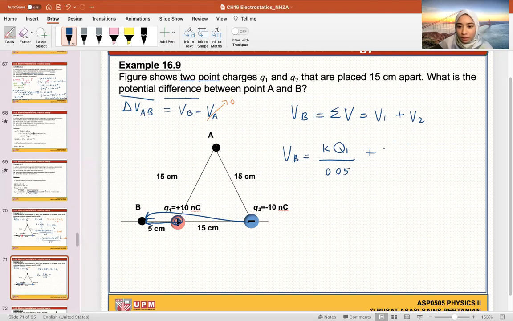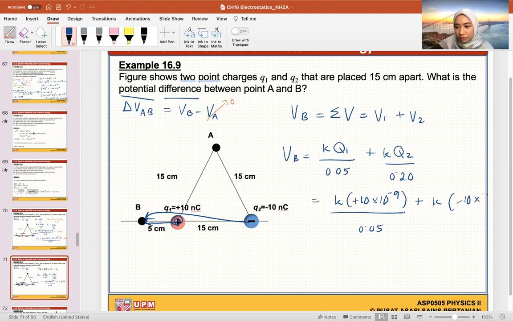So KQ2 over 20 centimeters, which is 0.2. Let's substitute: K times Q1, which is positive 10 times 10 to the minus 9, over 0.05, plus K times minus 10 times 10 to the minus 9, the earlier one was positive and this is negative, over 0.2.